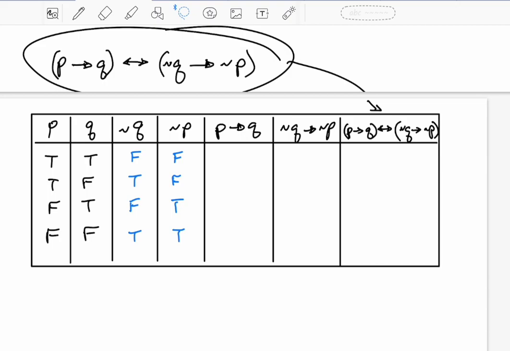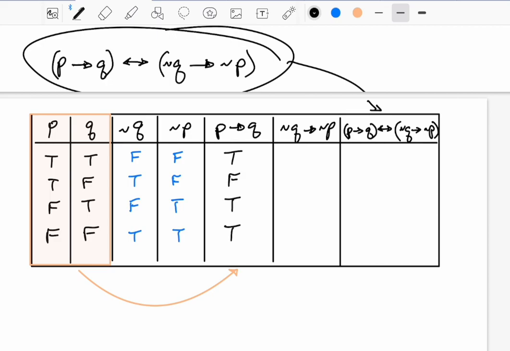All right, so then P implies Q. Let me make it as nice as I can for a handwritten jam. So this one, we're looking at true, true, true, false, true, true.